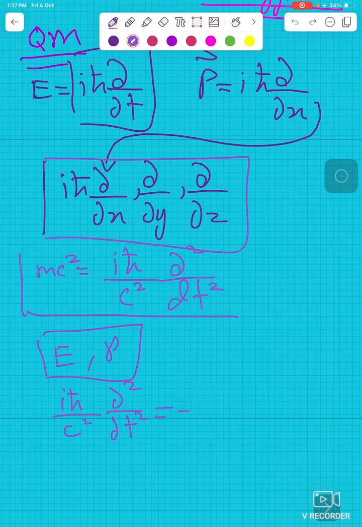By the way, minus i square is the same as saying 1, and I will not go into the mathematics of that because it is simple.